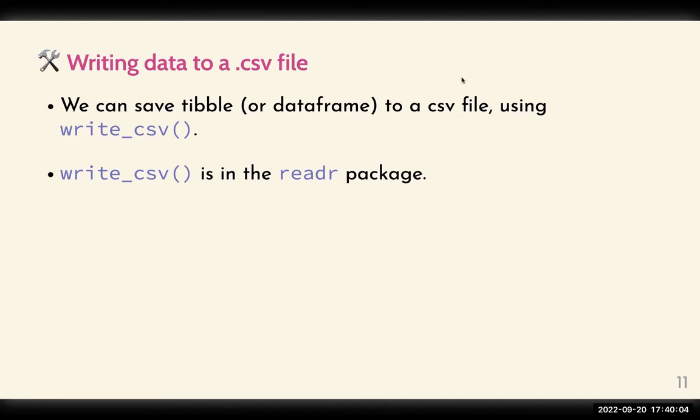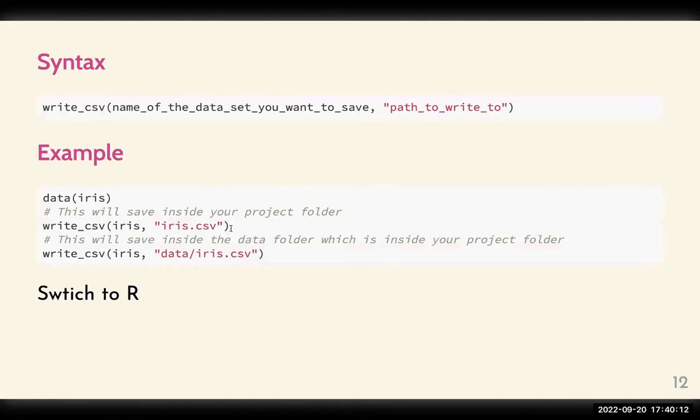So again, we are using the readr package. Now we are using write_csv inside readr. The first input to the function write_csv is the name of the data set you want to save. And here you have to specify a path to write.